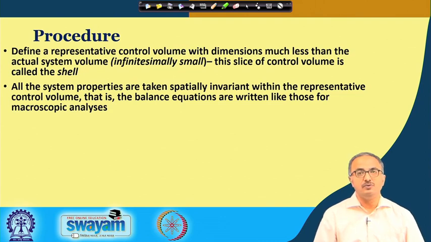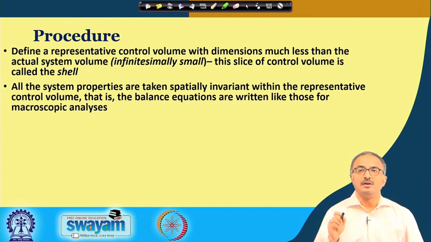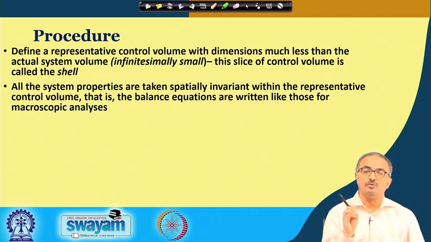Now whenever you choose a control volume, because we are interested in finding the profile, we want to know the variation of a particular scalar field point by point, location by location. When we choose a small control volume, we may question whether there could be a distribution within the control volume. Yes, it is possible, but the way we are directed to choose the control volume, it should be much smaller.